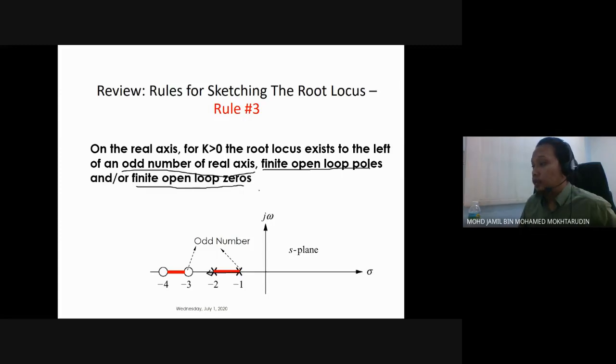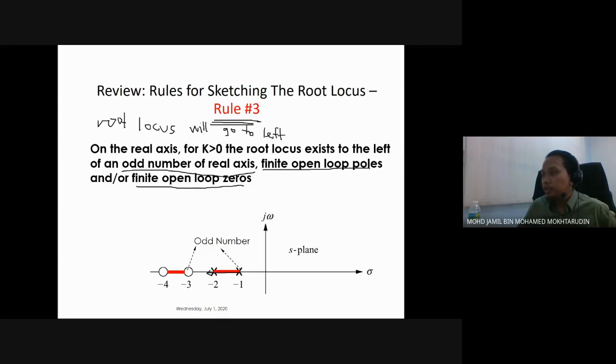But if you read from books, the explanation is different. Maybe they do some derivation or something, but usually for this rule I simplify it further by saying that the root locus will go to the left.